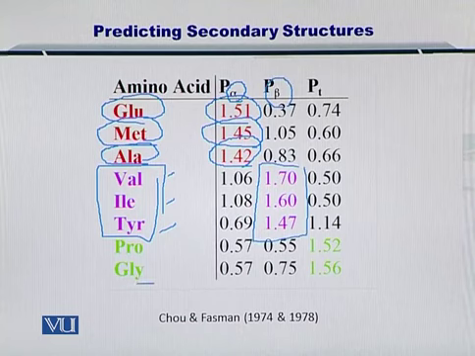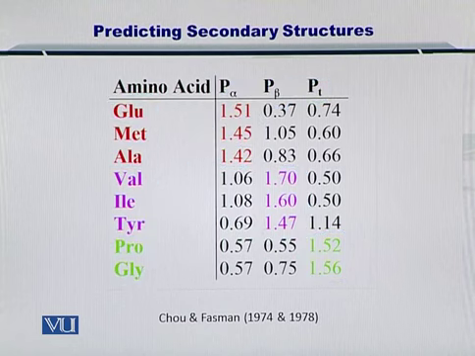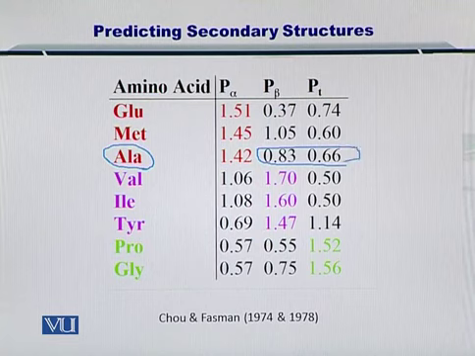And similarly, for these amino acids, they exist most of the times in the turns. By looking at this table, you can also see that there are times when alanine may actually be present in beta sheets and the turns as well. However, the propensity of that happening is very low.